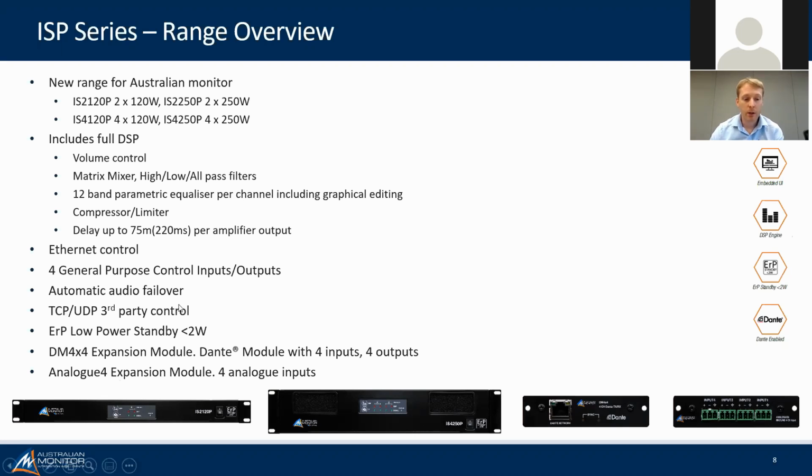There is the ability to control the product over third-party applications using our protocol, and they can use TCP or UDP for full flexibility of control applications that they may need.